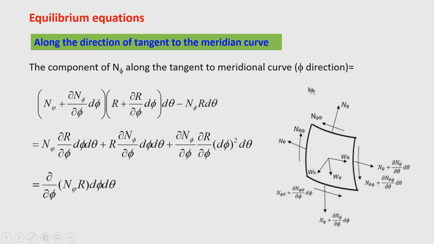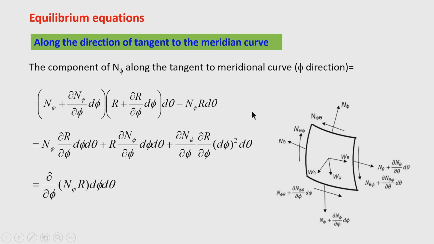Therefore, the force quantity I will write here is N phi r d theta, where r d theta is the length of this arc. Here we assign the negative sign, because the positive direction of the unit vector a phi we have assigned in this downward direction.